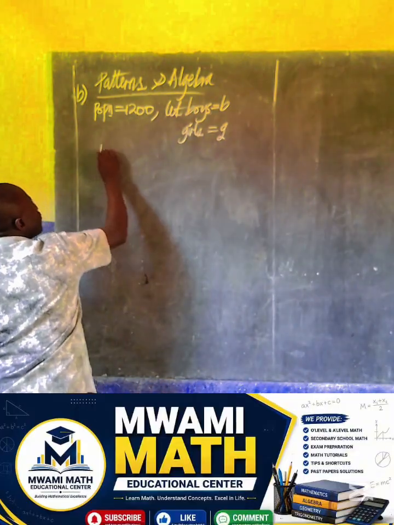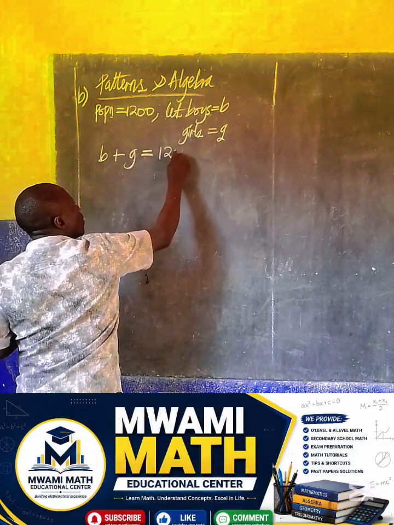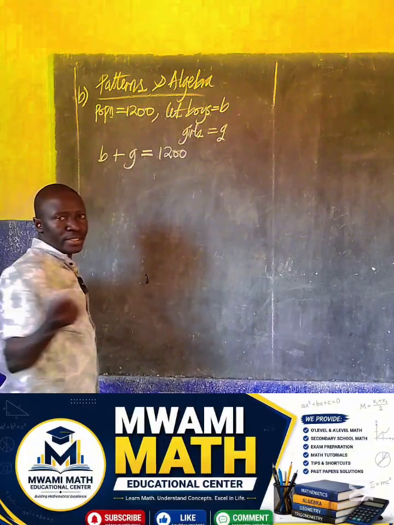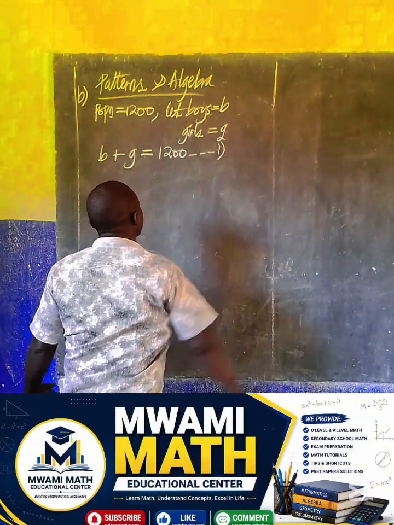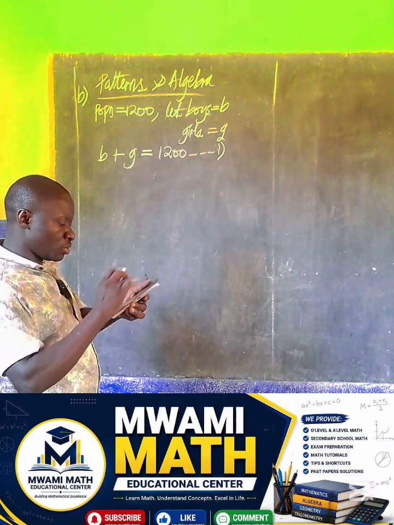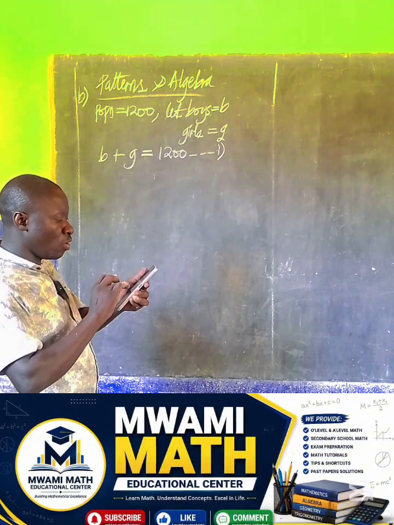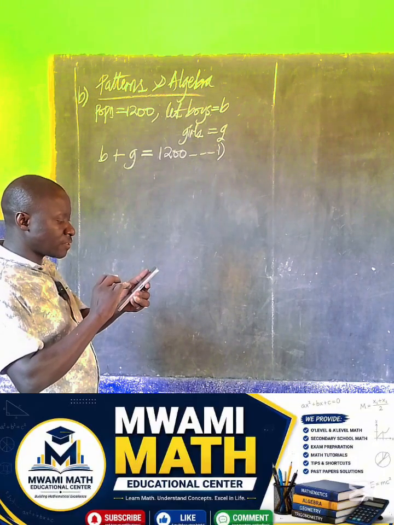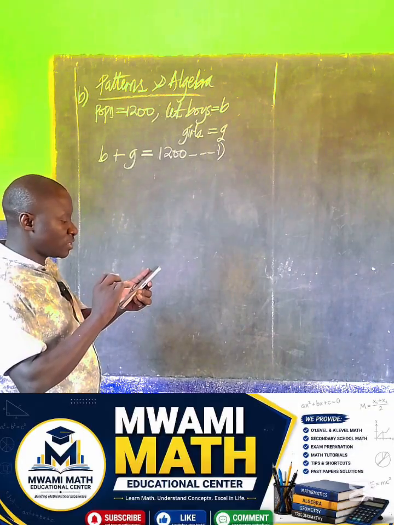So we have to formulate equations. So the number of boys plus the number of girls must give us 1,200. Call this equation 1. Then equation 2 says, a fifth of the boys and a quarter of the girls.